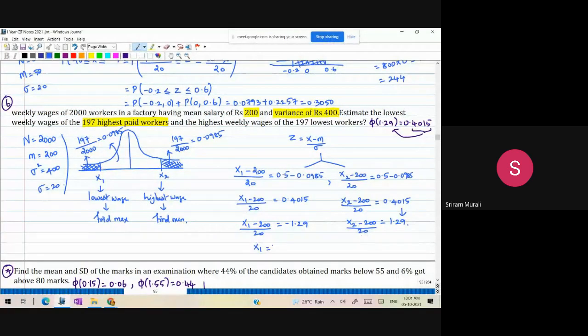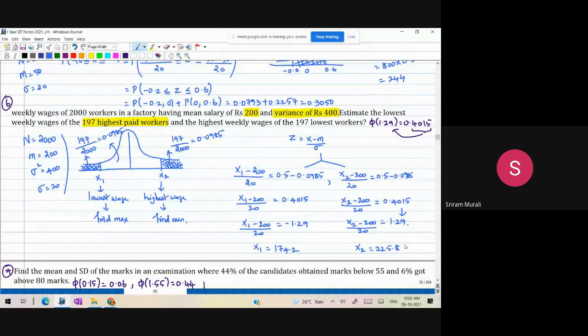So x1 will be equal to 174.2. What does this x1 say? 174.2 is the maximum salary in the lowest paid, and x2 is equal to 225.8. This is the lowest salary in the highest paid.